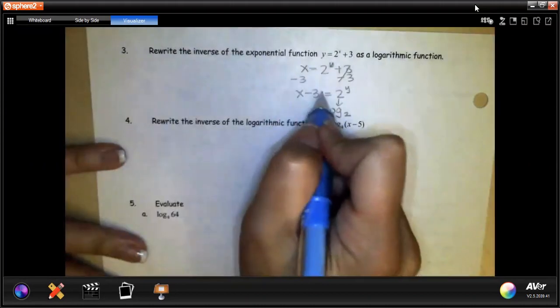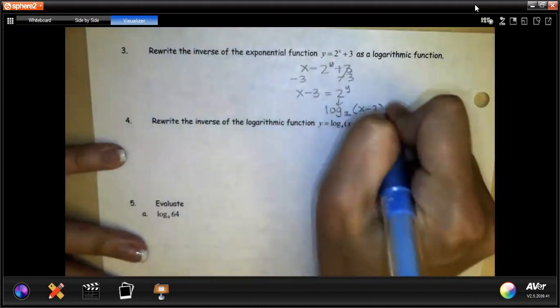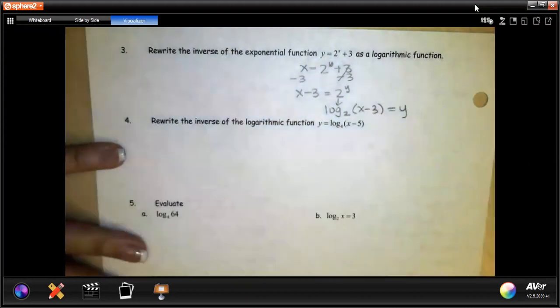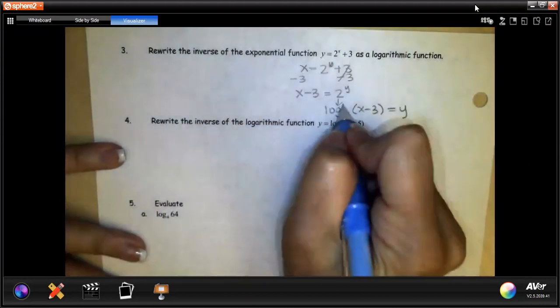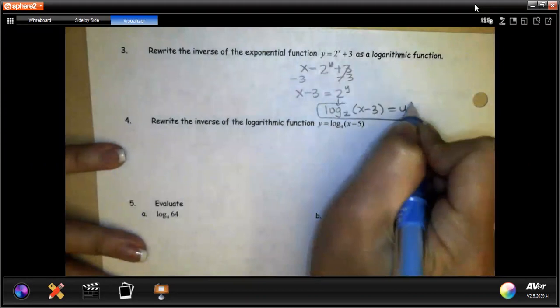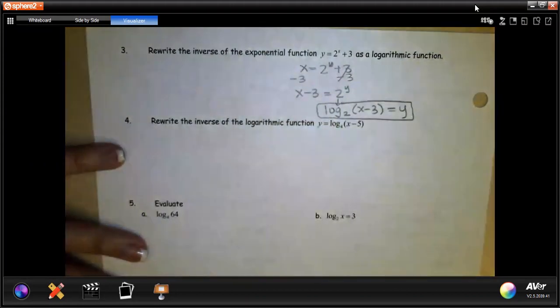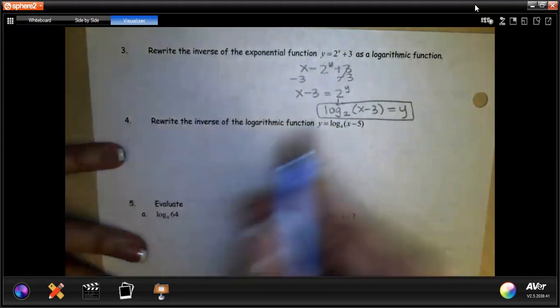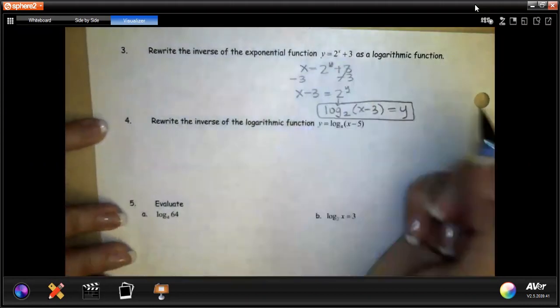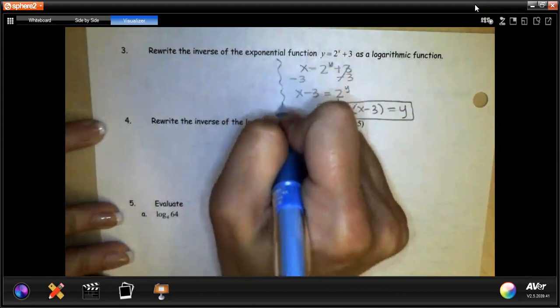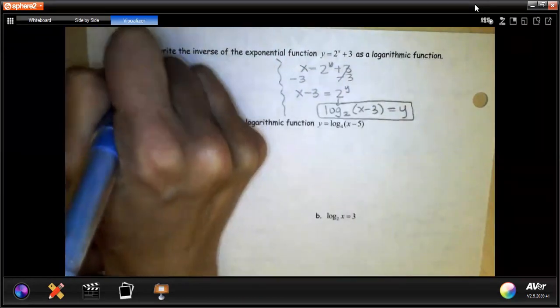So this x minus 3 is my argument and the y is freed. So this right here would be the inverse of 2 to the x plus 3. You want to be very careful where that 3 is. So I'm going to do a side note here just to make sure that you guys see another one.